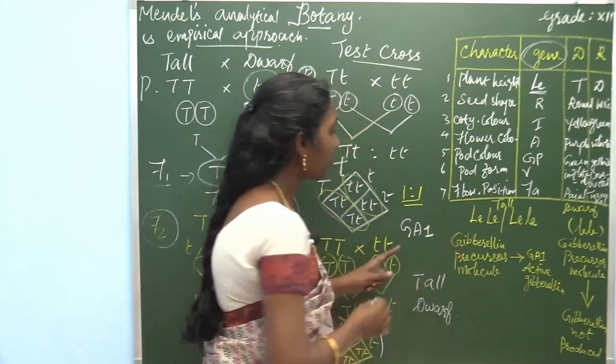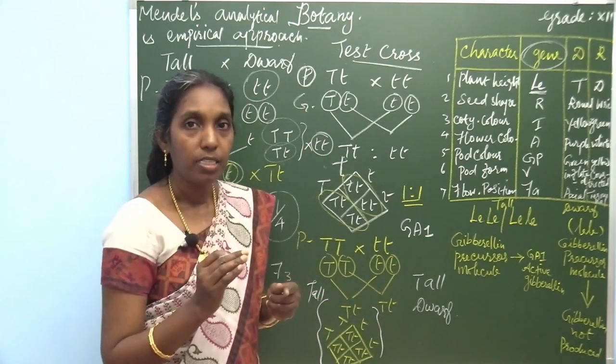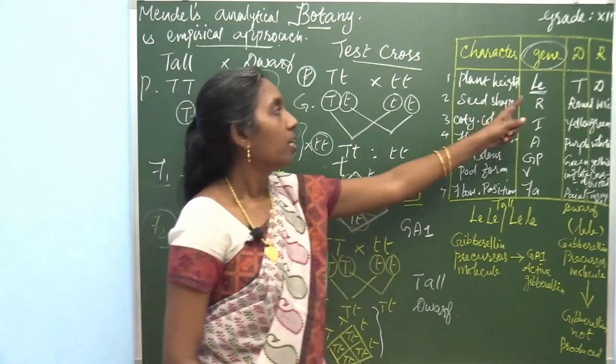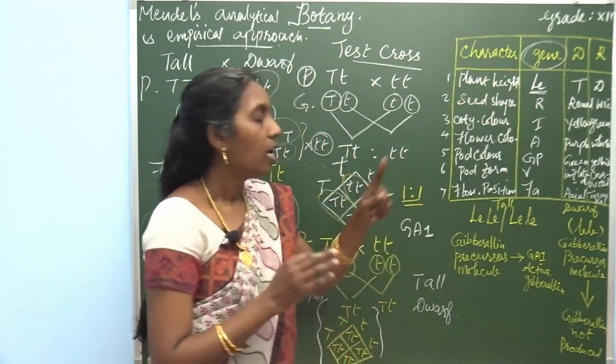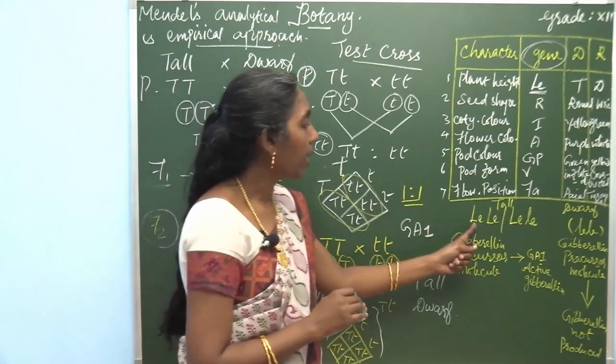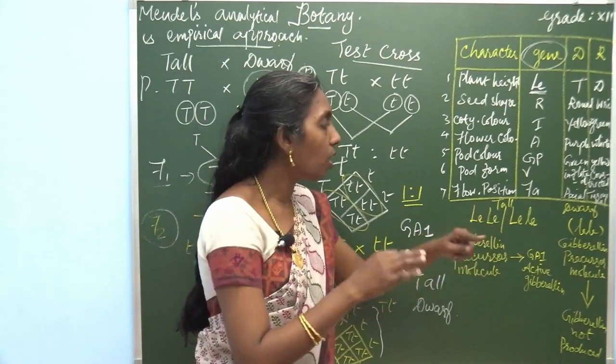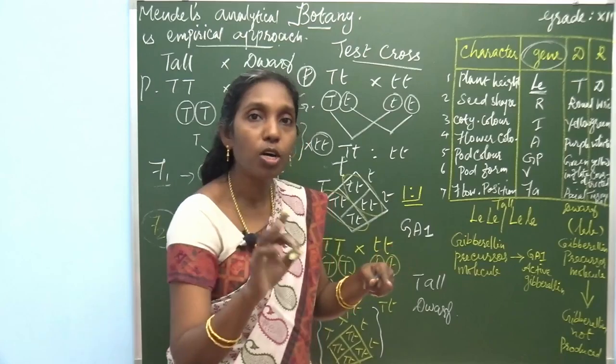GA1. So, the tall plant which possesses LE, the gene is either in the form of capital L small e, or capital L small e and small l small e.